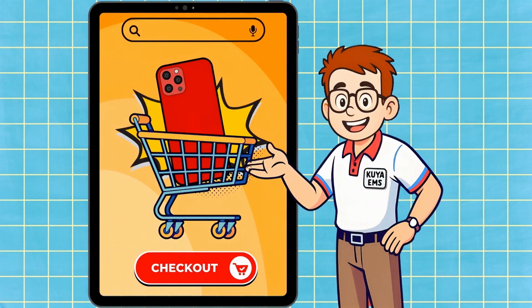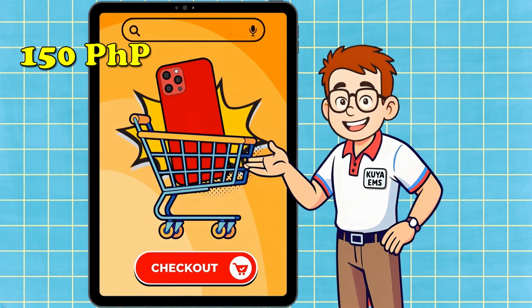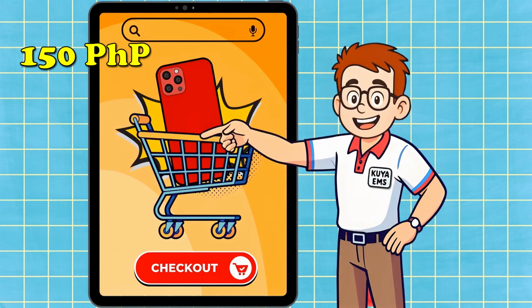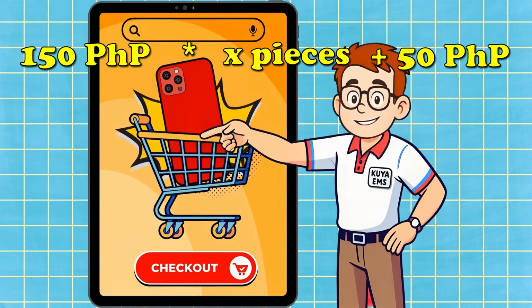Question number 3 is a simple word problem. A cell phone case costs 150 pesos each. If Lisa buys X pieces and there's a delivery fee of 50 pesos, write the total cost as an algebraic expression.